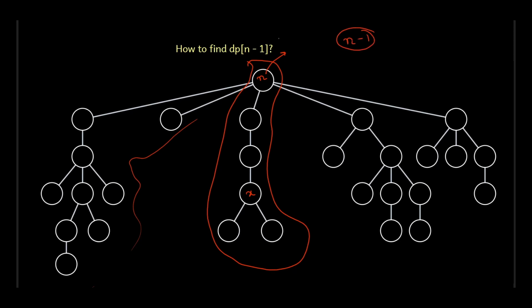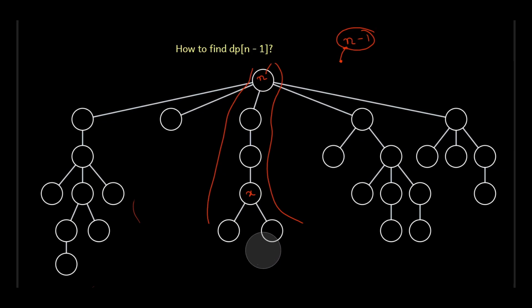And by the way, this heading says dp n minus 1, because of zero based indexing, but in my visuals I am showing one based indexing. So think about this node n minus 1. Now nobody actually has the power to delete node n minus 1, right? Nobody has the power to delete node n minus 1.